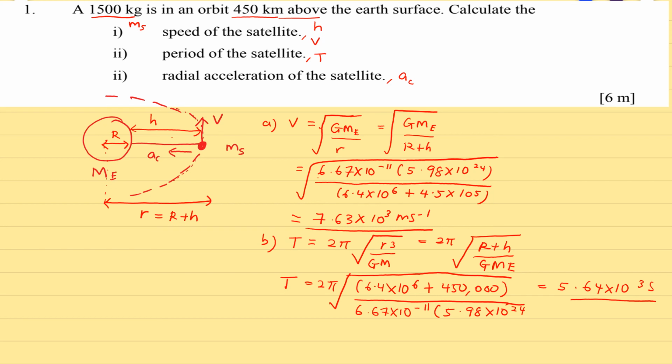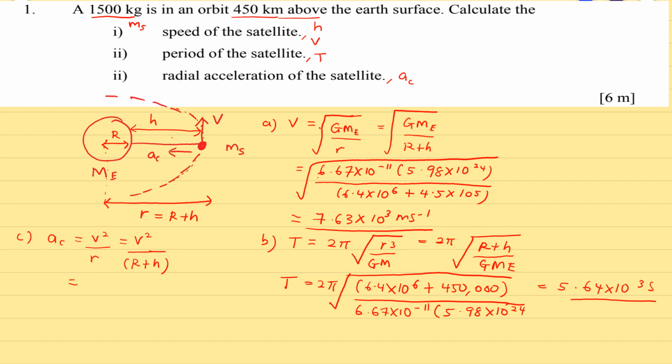Okay, for radial acceleration, because the satellite moves in circular motion, its centripetal acceleration equals v squared divided by r. So v squared divided by r Earth plus h. No, r plus h only.